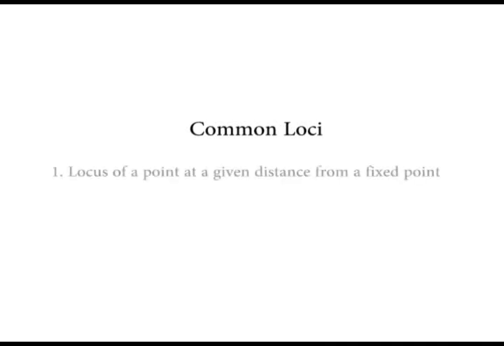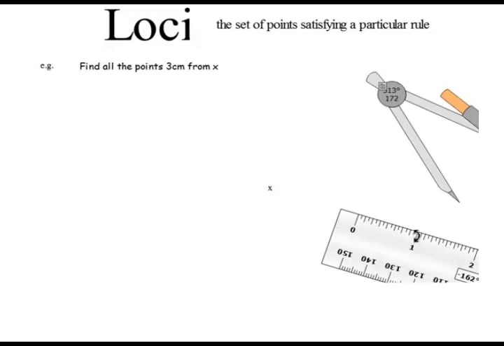1. Locus of a point at a given distance from a fixed point. For example, find the locus of a point 3 centimeters from X. In other words, we are finding all points that are 3 centimeters from X. If you draw a line 3 centimeters from X, then the end of that line is one of the points.